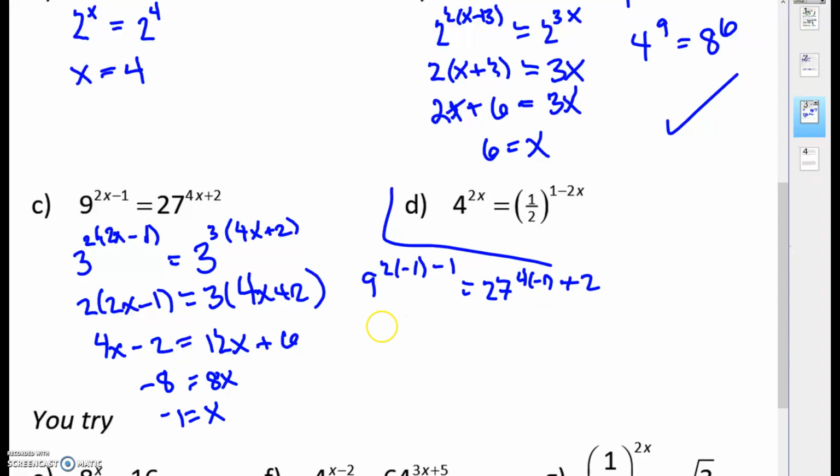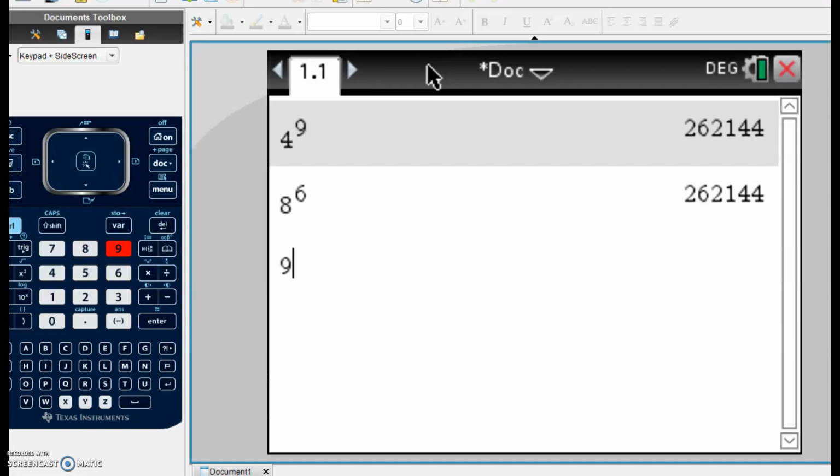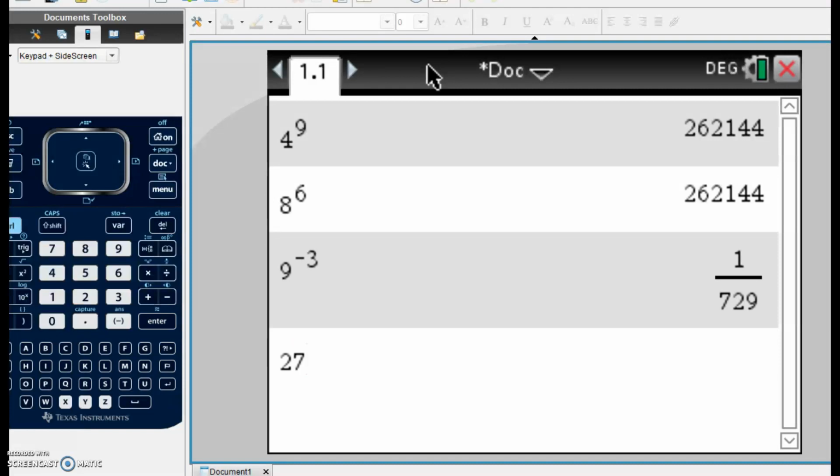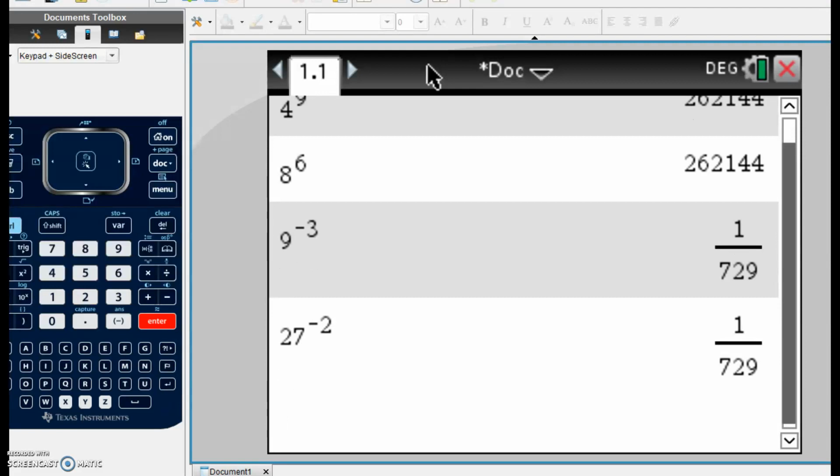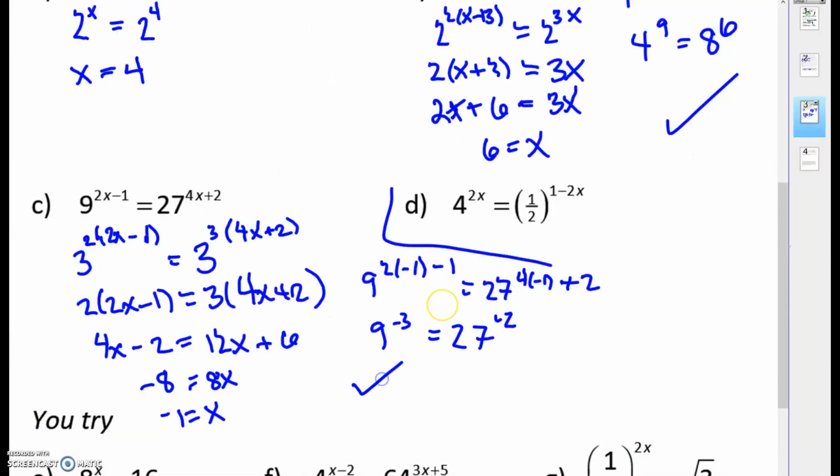So I get, does 9 to the negative 3 equal 27 to the negative 2? Well, let's test it. 9 to the negative 3, does that equal 27 to the negative 2? Yes, it does. So we're good to go. Those work. All right, guys, let's now take a look at D.